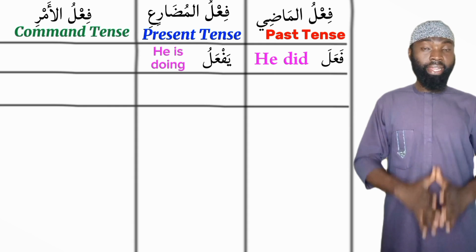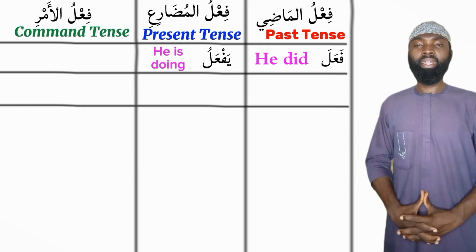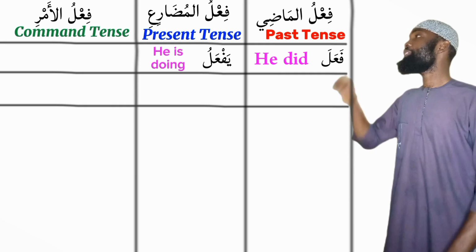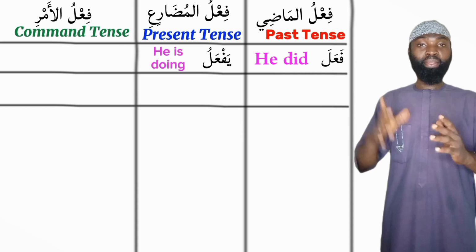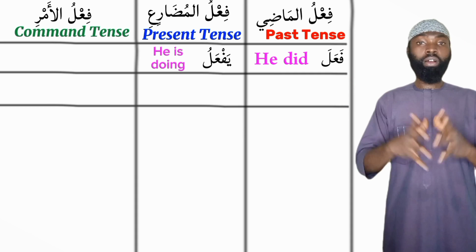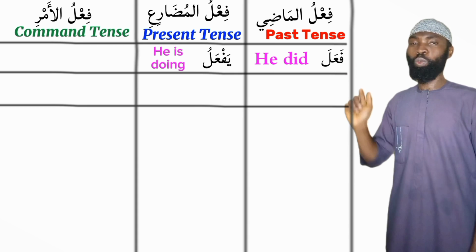Fa'ala, he did in the past. Yaf'alu, he is doing currently. Now, going to the fi'lul amr, which is the command tense. We had already formed the fi'lul mudari, which is the present tense yaf'alu.